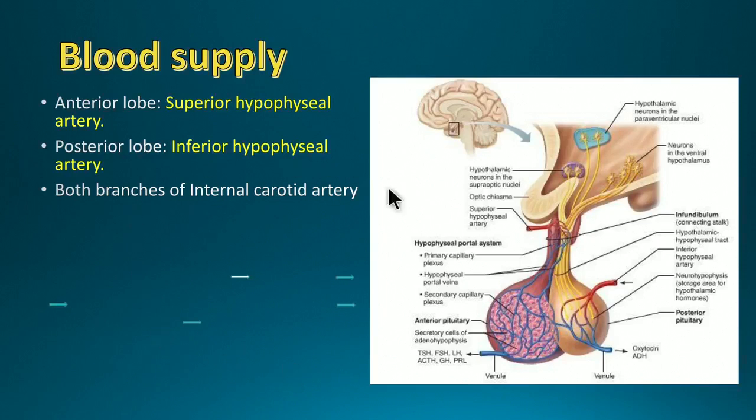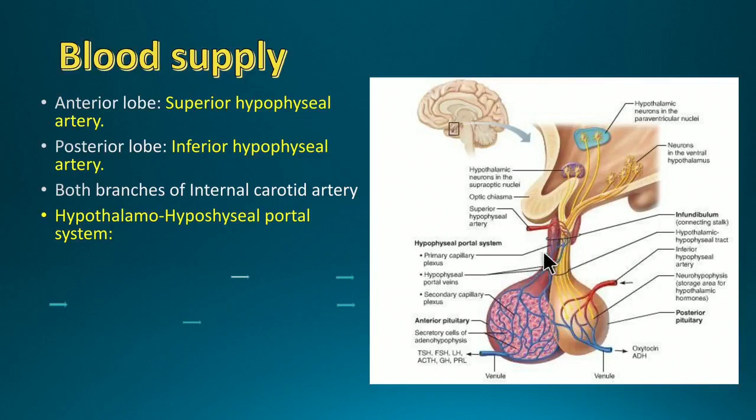Now, coming to the hypothalamo-hypophyseal portal system. Do you remember the portal system which we have already discussed in the abdomen, in the portal vein, the portosystemic anastomosis? When we hear the term portal system, what should come to our mind is that it presents two sets of capillaries. So when you have two sets of capillaries, it is called a portal system. Mainly, the arteries branch from the superior hypophyseal artery.